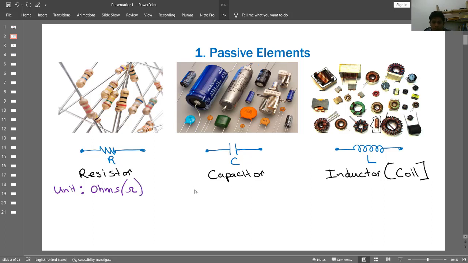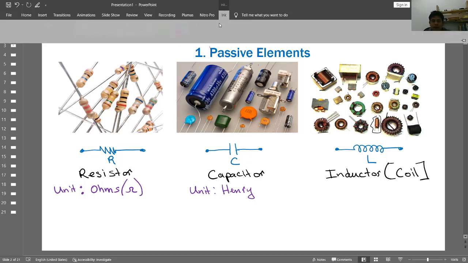The unit of capacitor is the Henry. Sorry. The unit of capacitor is, I made a mistake here.